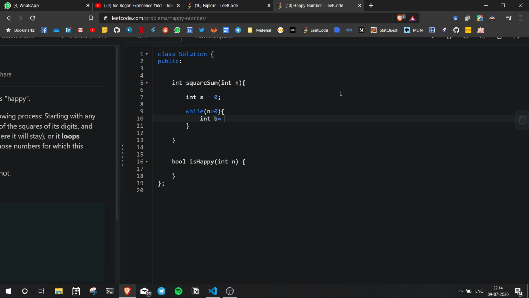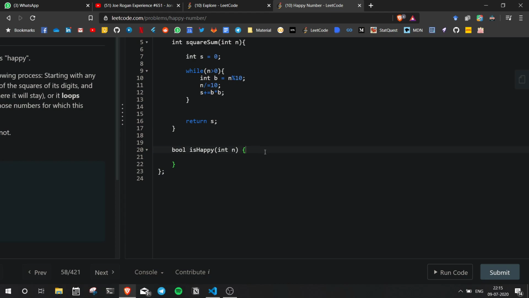We will have b equals n mod 10, and we will remove the last digit of n. And we will also need to add the square of that number to the sum, and we can return s, which is the sum.